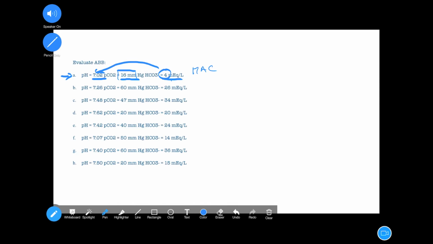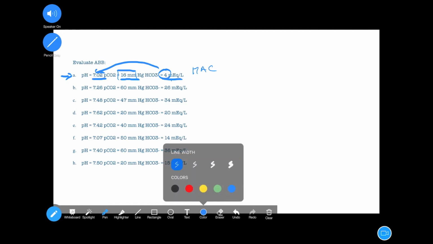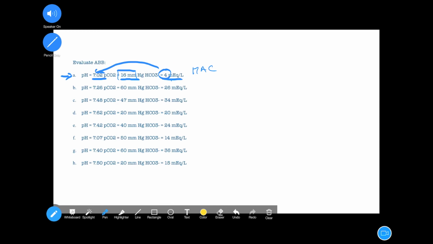And now I will have to use the formula to find out if it's just pure or if there's something else to it. So what I'm going to do is count it. 24 minus 4, that equals delta for bicarb is 20.